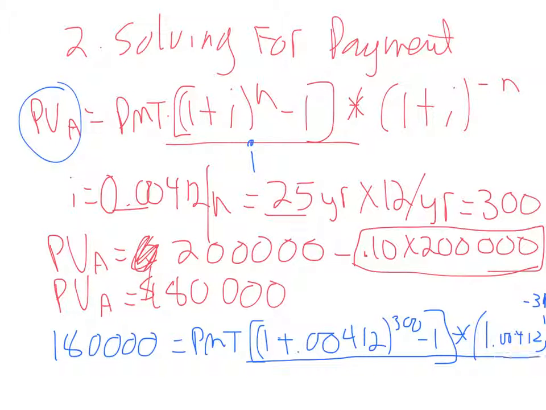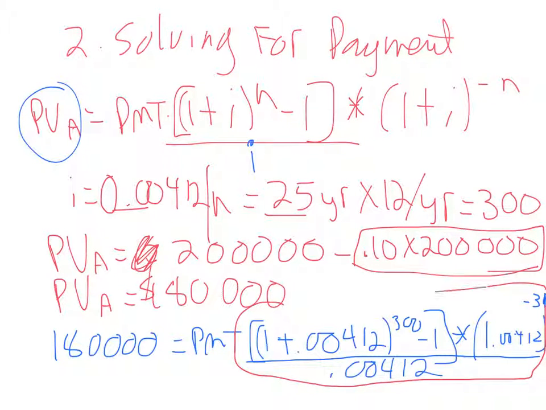I. And I is decimal 0.00412. So when I calculate that, and I'll just put a box around it, this whole thing right here works out to 241.72.